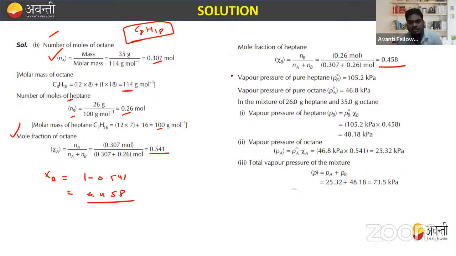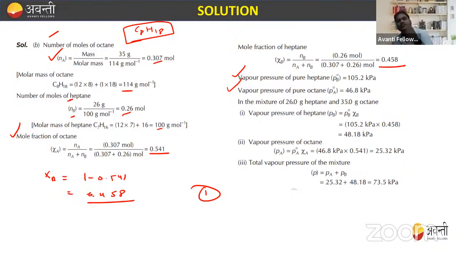Now, from Raoult's law, these two values are given, that is the vapor pressures of the pure components, P naught A and P naught B. Now, in the mixture of 26 gram of heptane and 35 gram of octane, what is the vapor pressure of the heptane? We know from Raoult's law that PA is equal to P naught A into XA and PB is equal to P naught B into XB.